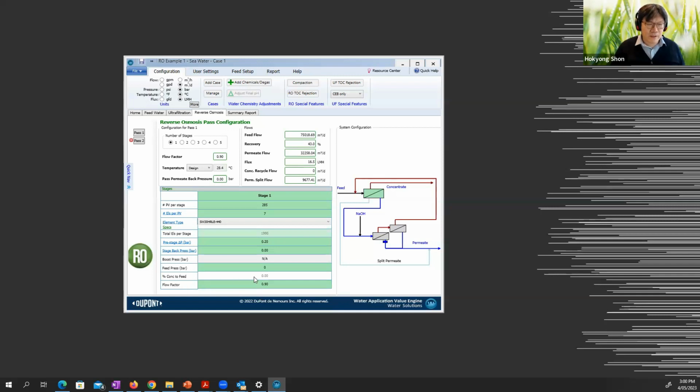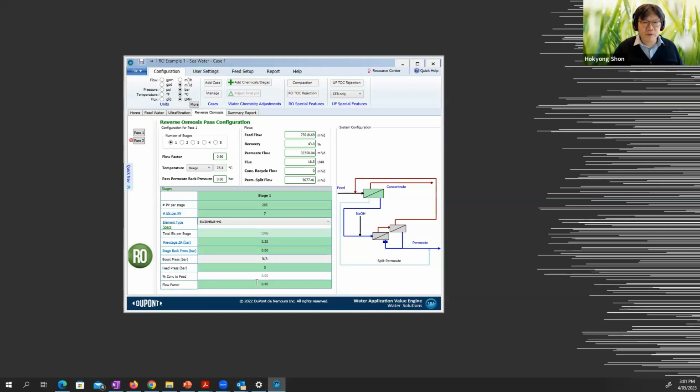The flow factor is almost the efficiency. So your flow efficiency is 0.9, 90%. So when you have a very new membrane, you have very good performance.